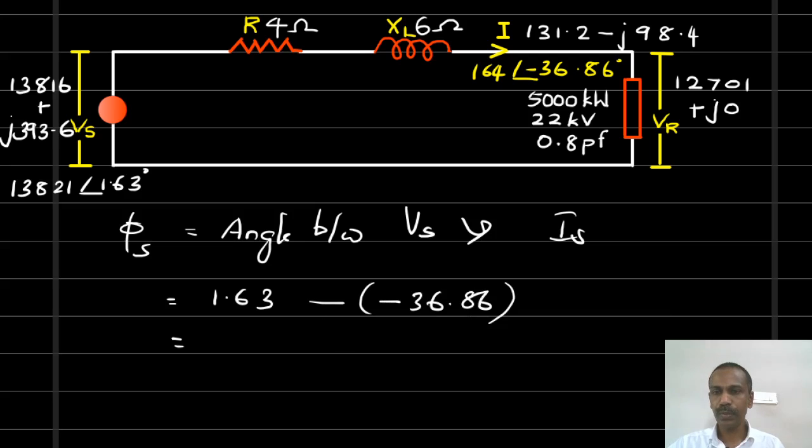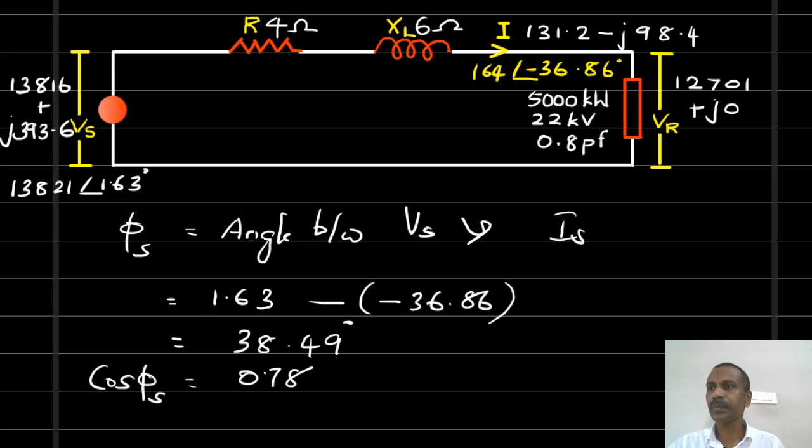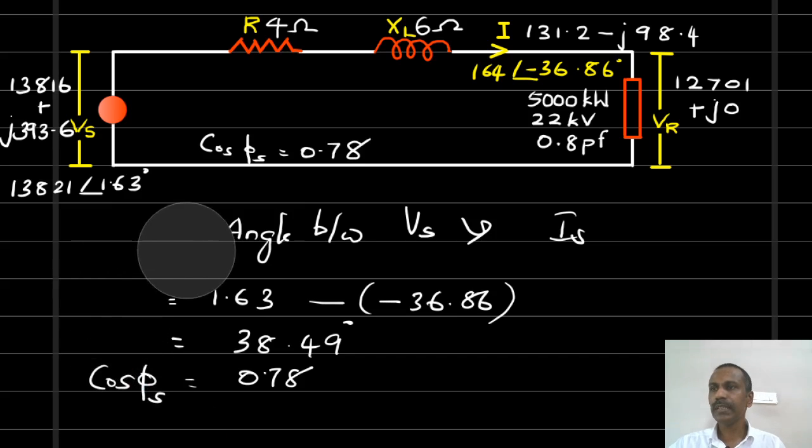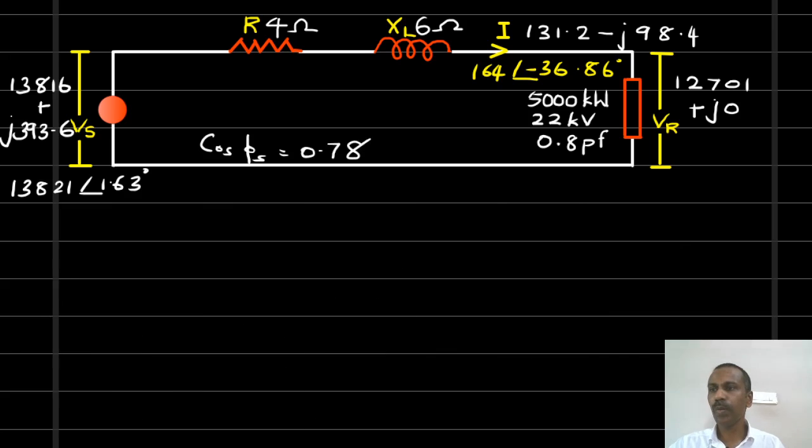So this is equal to 38.49 degrees. From this we can find out the sending end power factor. It is equal to 0.78. So cos phi s equals 0.78. What is the receiving end power factor? It is given in the problem. This is 0.8.